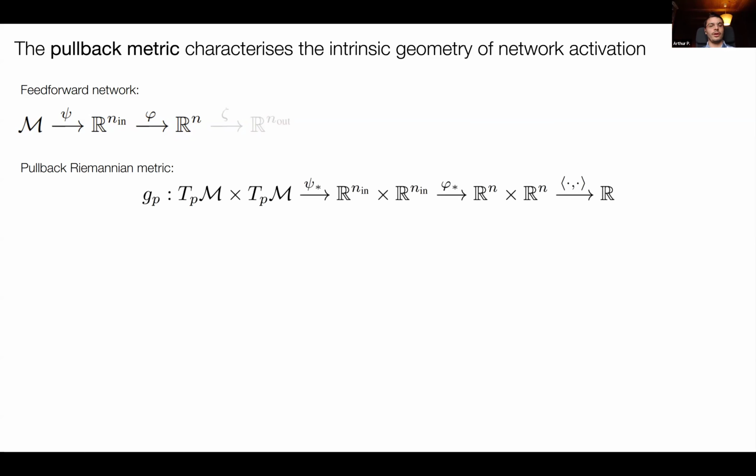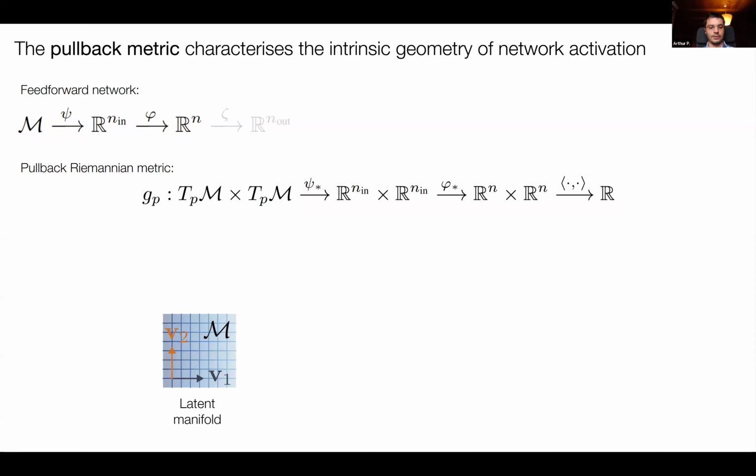Now to define the pullback metric of a network like this, I can take two tangent vectors in my original input manifold M, then push them forward to tangent vectors in my input feature layer, the pixel space, and then push them forward to my activation space, and then just take their dot product there. And this is going to be my pullback metric.